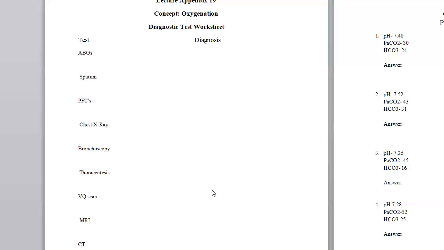Then PFTs are pulmonary function tests, and these demonstrate changes in the pulmonary system or the health of the individual. That's related to anything that has to do with ventilation, airflow, lung volume, and capacity, and also, of course, the diffusion of gases. They also do some intricate testing with pulmonary function. Why do we do pulmonary function?